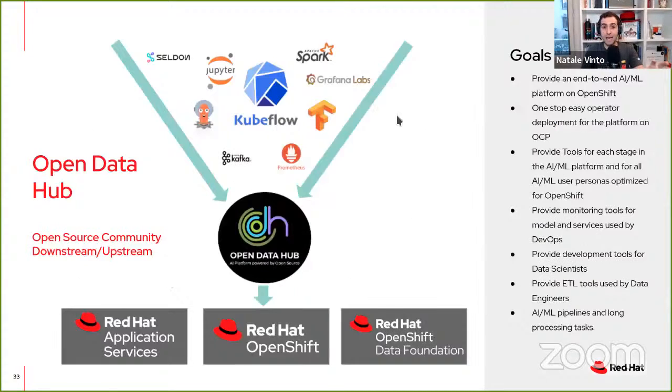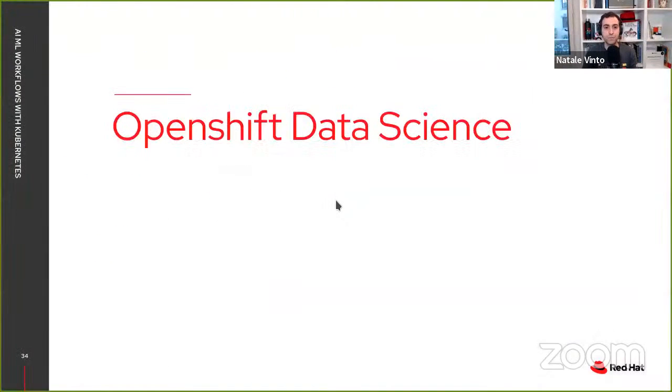In fact, OpenDataHub has everything: Kubeflow, Spark, TensorFlow, Argo, Kafka, everything lands in OpenDataHub, which is an open source project that you can check out at opendatahub.io. And it is the foundation of the product, Red Hat OpenShift Data Science, that we will use today as a free sandbox on the cloud. But all that you see here is fully open source.